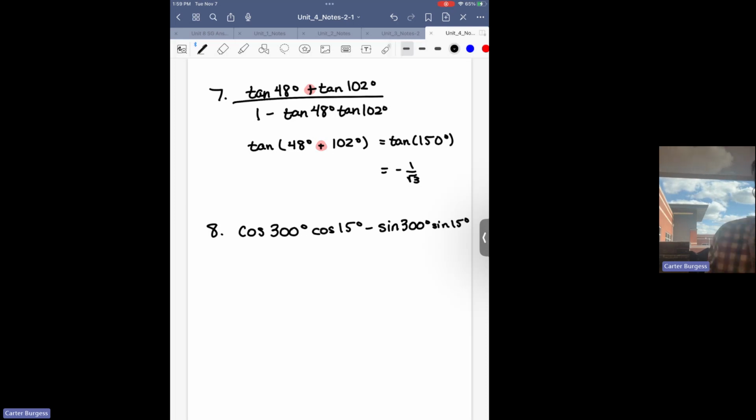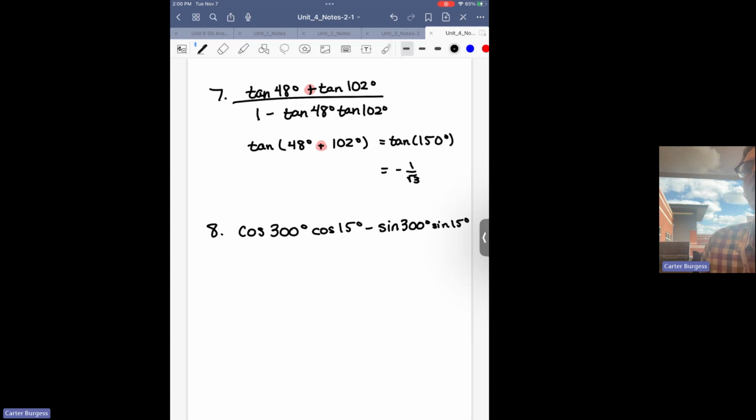Now, first and foremost, do we know what sine and cosine of 300 degrees is? Is that a unit circle angle? Yeah, 300 actually is. The problem is if we evaluate that right now, we're going to be left with these sines and cosines of 15, and we don't know how to deal with those. So just because we can simplify the 300 there doesn't mean that makes it easier. It actually makes our task a little bit harder.